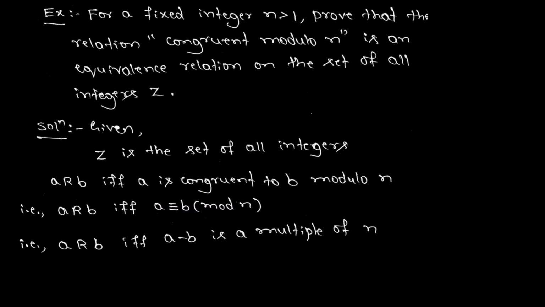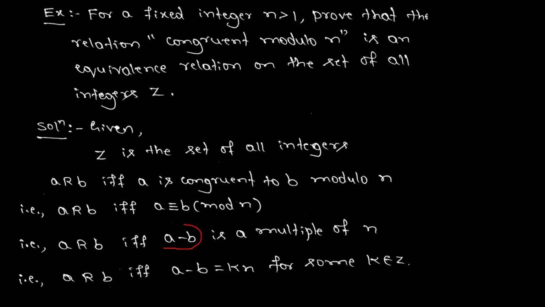This means that whenever a is congruent to b under mod n, the difference a minus b will be a multiple of n.